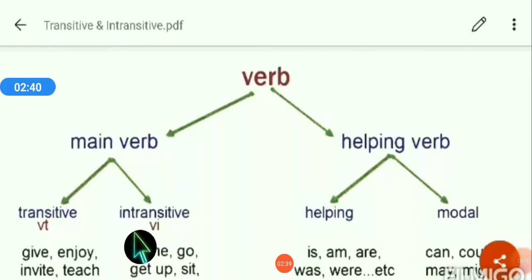Now children, let us talk about the difference between intransitive and transitive verbs. Let us first start with transitive verbs. A transitive verb always has an object to receive the action, like I told you in the last example.